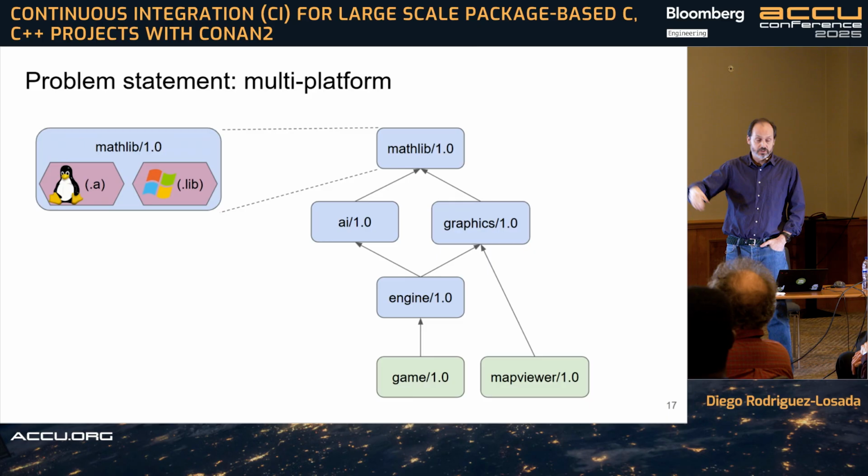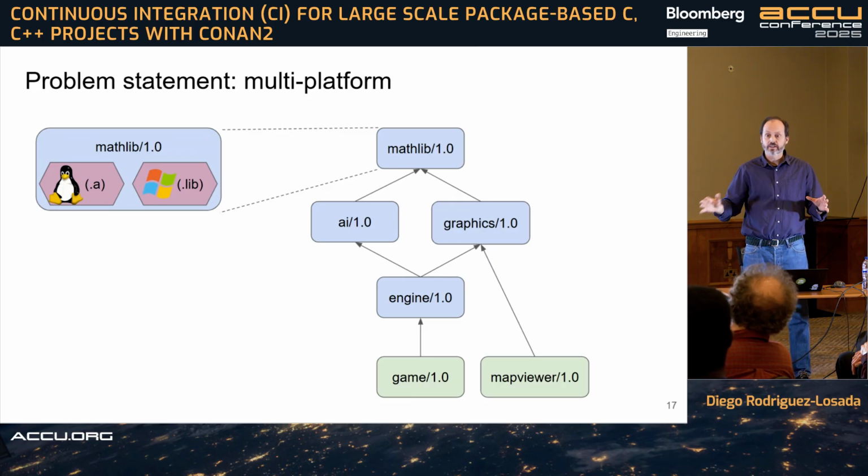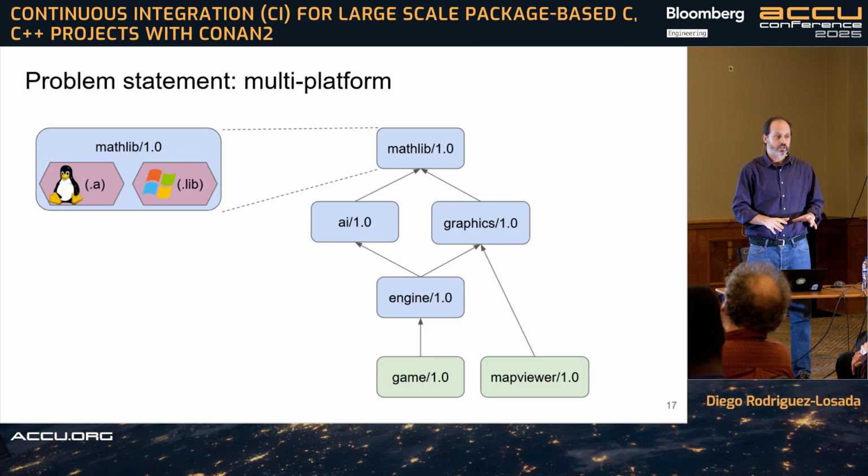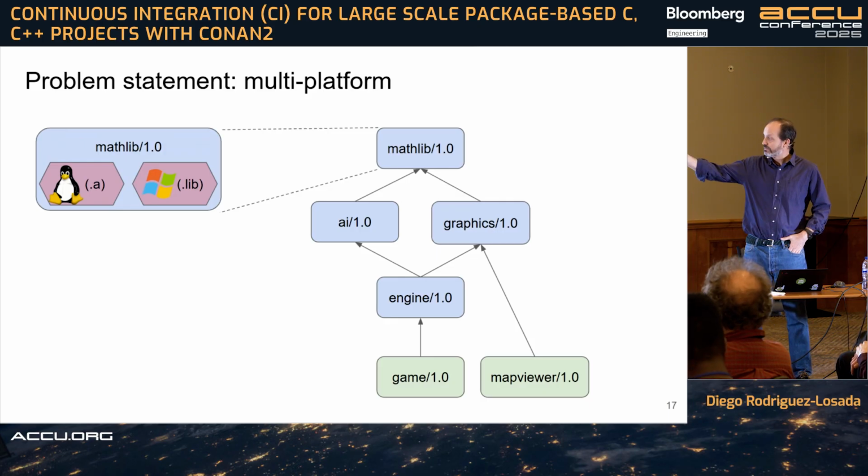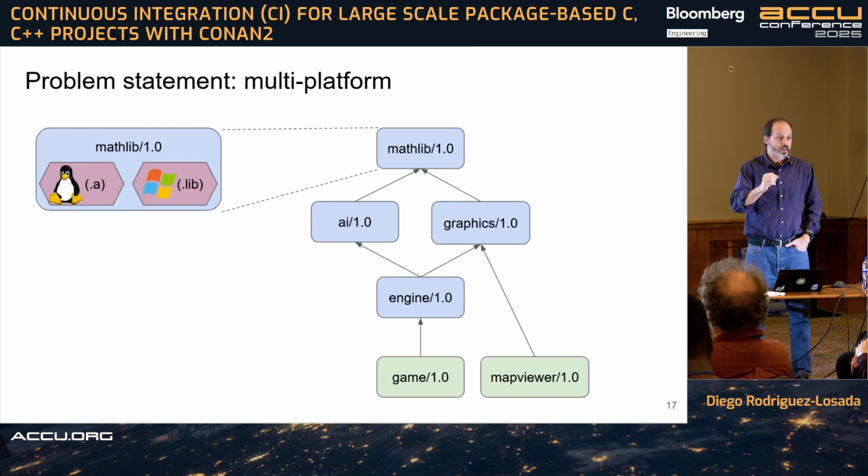This could be any number of binaries. I'm going to use all the examples and the demo and the code here for two configurations, but the idea is to scale to any number of binaries that you want. If you want to support consoles, the PlayStation and the Nintendo and whatever, you will have basically a different binary there for every one of your packages.